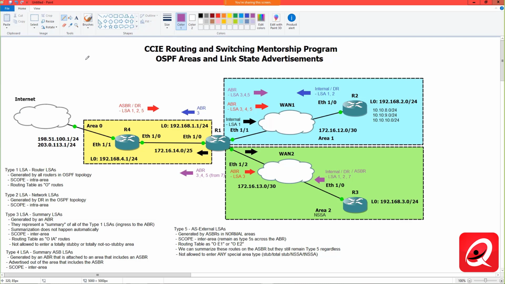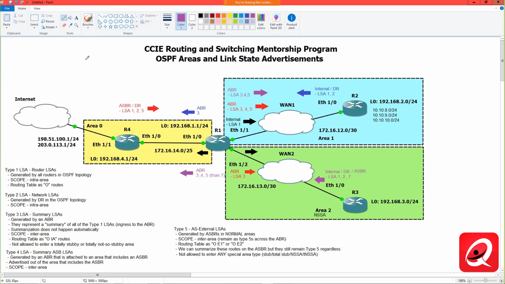We're only restricting what comes into the area. All right. So we've got our blue type 3s that represent router 2. We've got our purple 3s, 4s, and 5s on the area border router that represent the reachability to the ASBR that's now in area 2, and then the type 7s, which become type 5s. Okay?